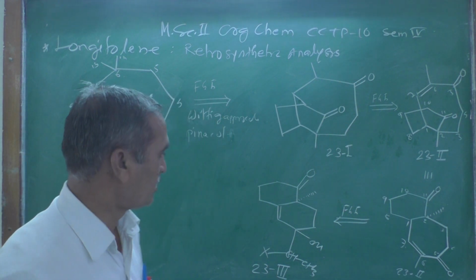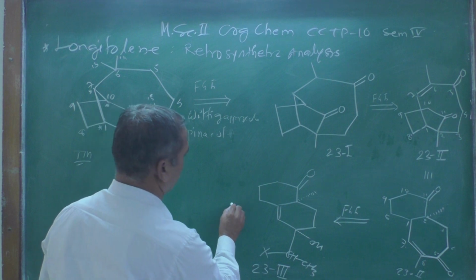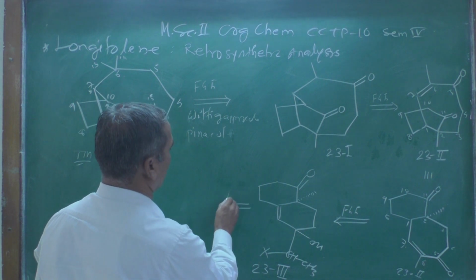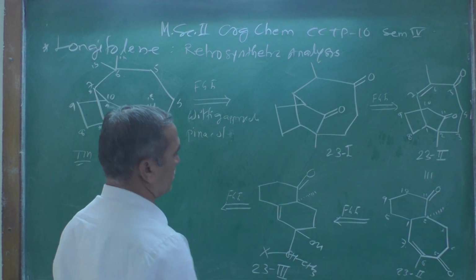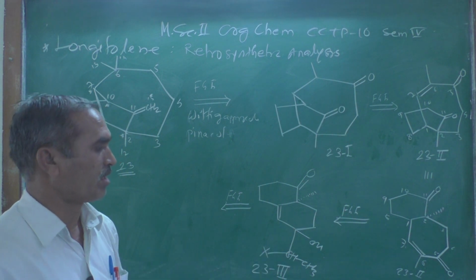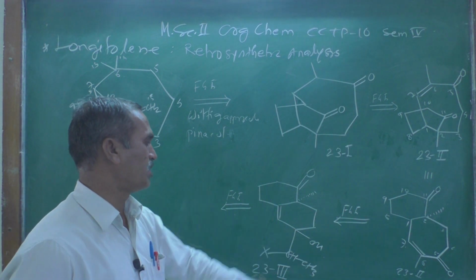Now this third structure we can convert by doing the retrosynthetic analysis. Again you can use functional group interconversion. So here you can bring a hydroxy group, we can remove this one.